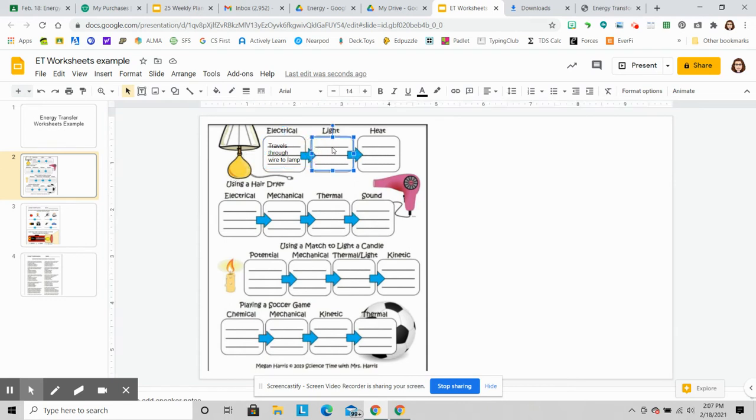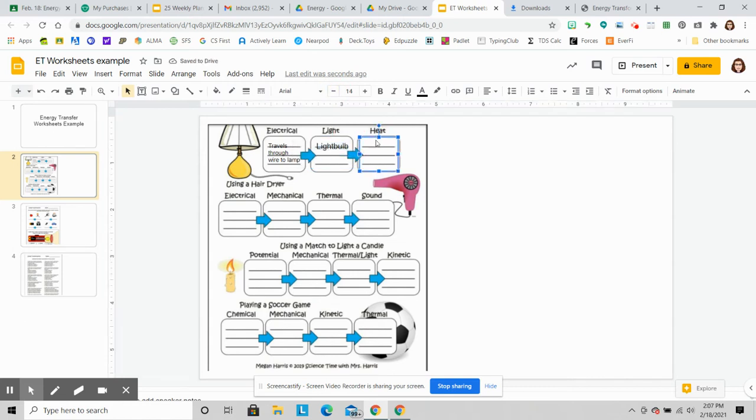What part is the light energy? Well, that's the light bulb. So you could say the light bulb turns on. You could say just the light bulb. But the light bulb part of the lamp is the light energy.